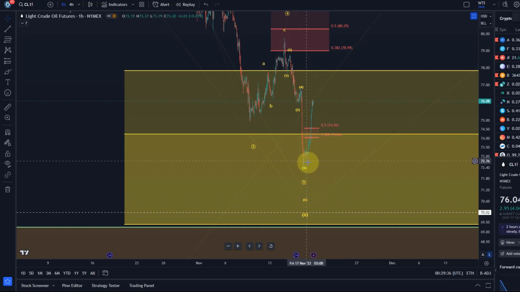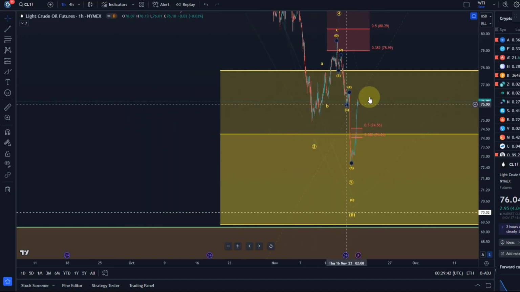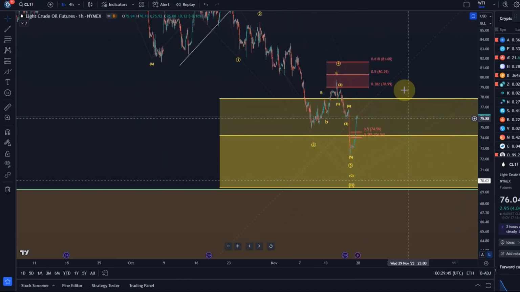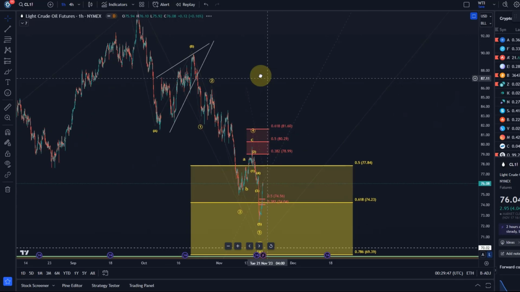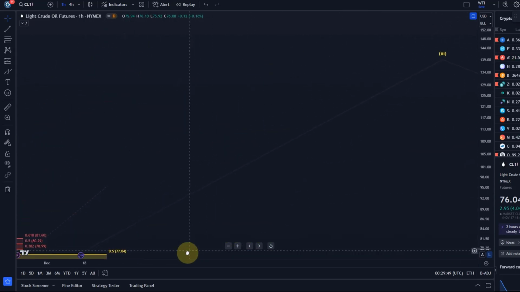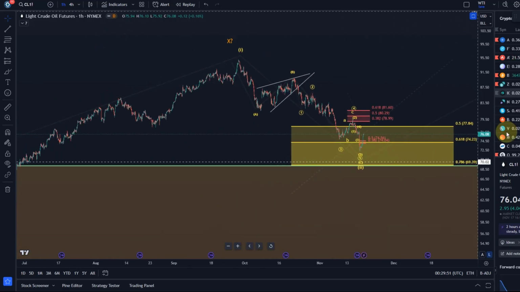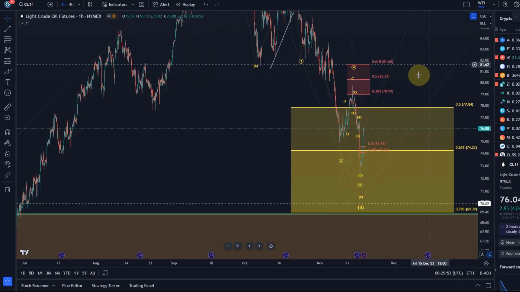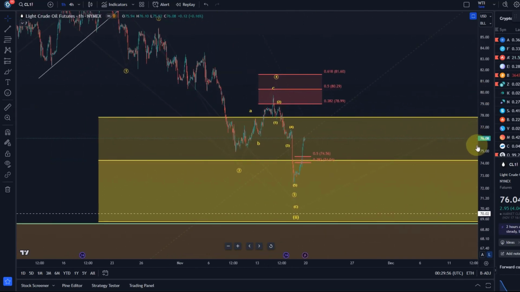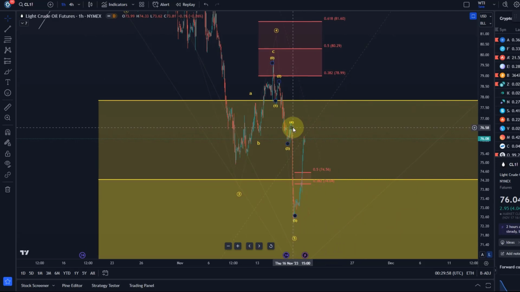At the moment, it is some kind of a low that has been confirmed, but to indicate that the third wave is running to the upside, which is our bullish scenario, we need to break above a certain level. The next level that would confirm that is the previous swing high on the WTI chart at $76.80. That would be the level that needs to be taken out.